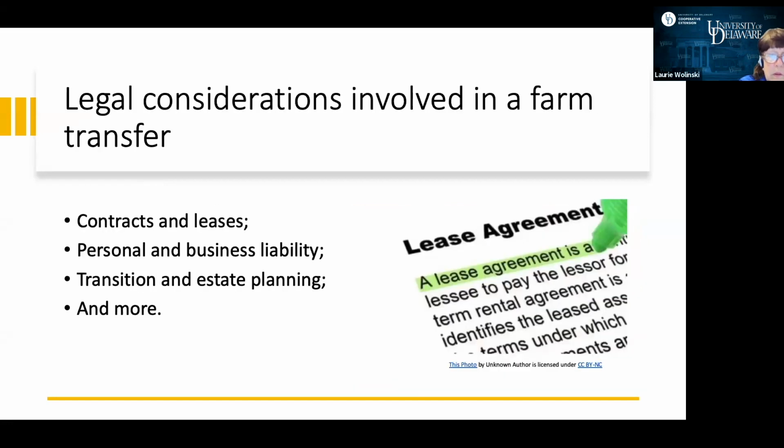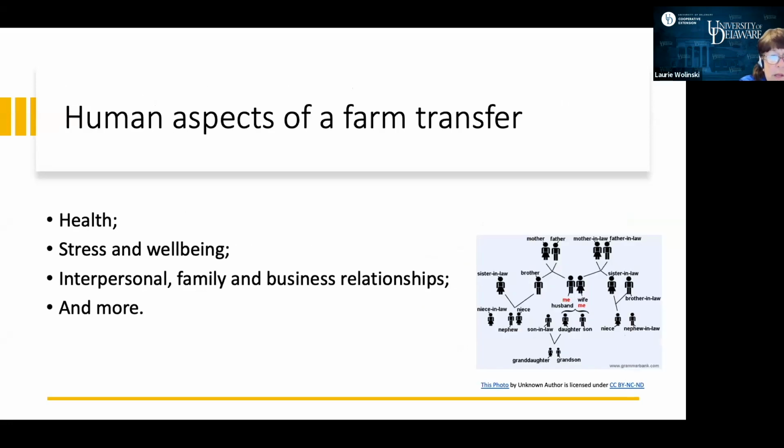And then for legal documents, contracts and leases, personal and business liability documents, transition and estate planning. And again, this is not a complete list. And then we have the human aspects. We have health, stress and well-being, interpersonal, family and business relationships, and more. And this is a tough one.